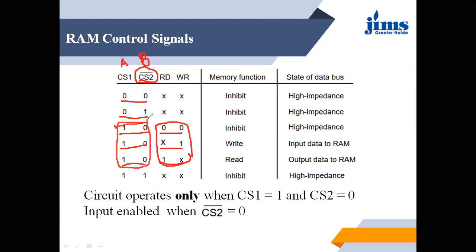So the first combination is 00, second is 01, third is 10, and fourth is 11. So we are taking the 4 combinations based on 2 selection lines, that is CS1 and CS2 bar.